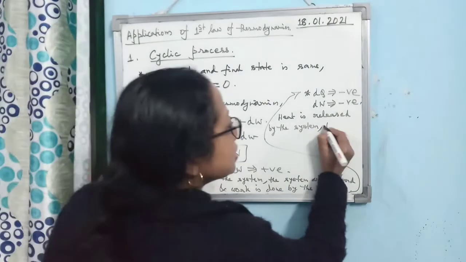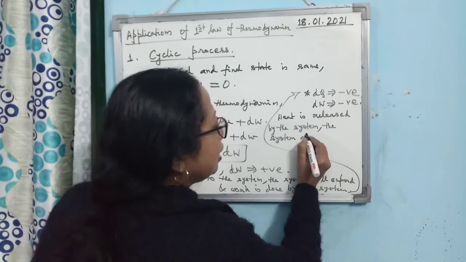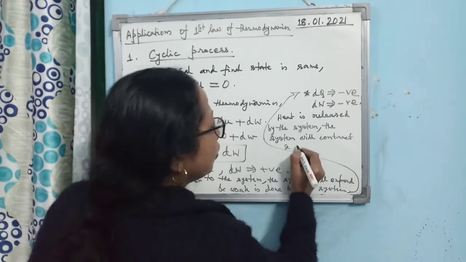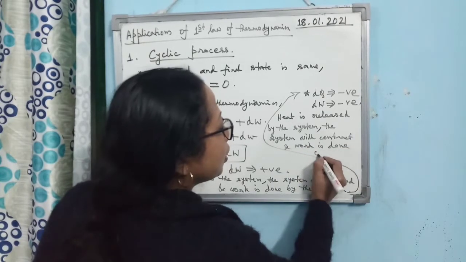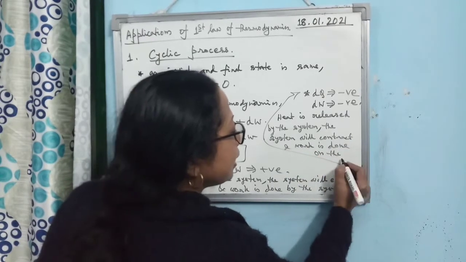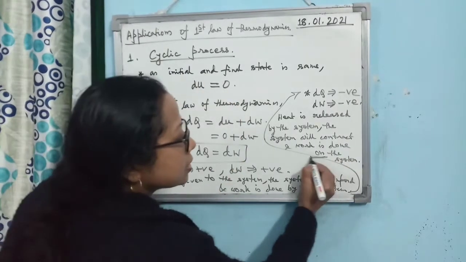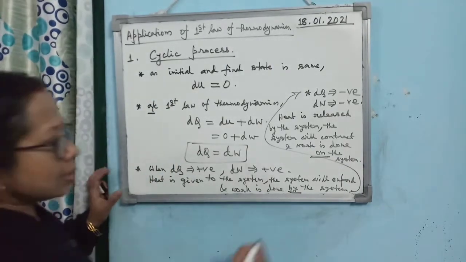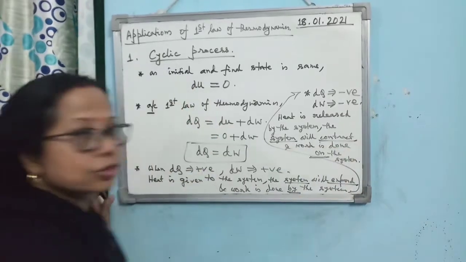The system will contract and work is done on the system. The volume of the system will decrease and work will be done on the system. In the first case, work is done by the system and the system expands. And in this case, the system contracts.